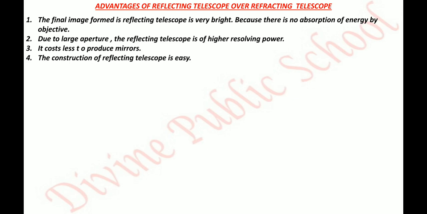The resolving power is related to the distance between the two objects; it is inversely proportional to that distance. The closer the objects, the higher the resolving power. Resolving power will also come in the next chapter, where it will be discussed in a very detailed manner. Next, it costs less to produce mirrors. Now what happens when we manufacture lenses?